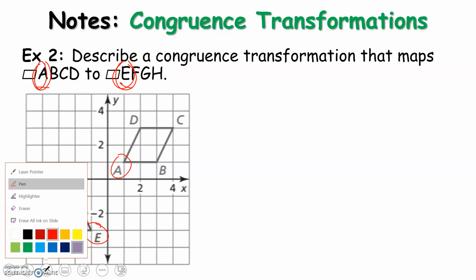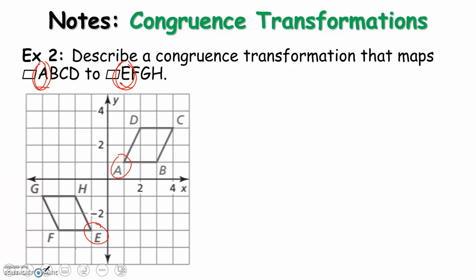All right, so here's what I'm thinking. Let's start with a reflection. Let's reflect this figure over the x-axis. In doing so, we get A prime here, B prime here, C prime 3 away, so 1, 2, 3, C prime's here, and D prime 2, 3 here.